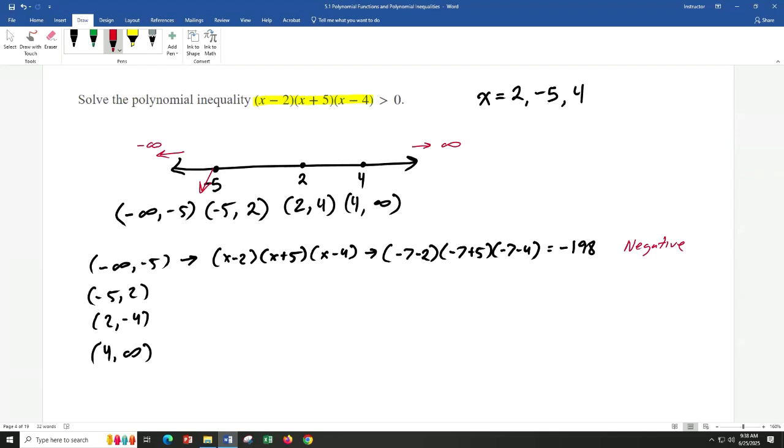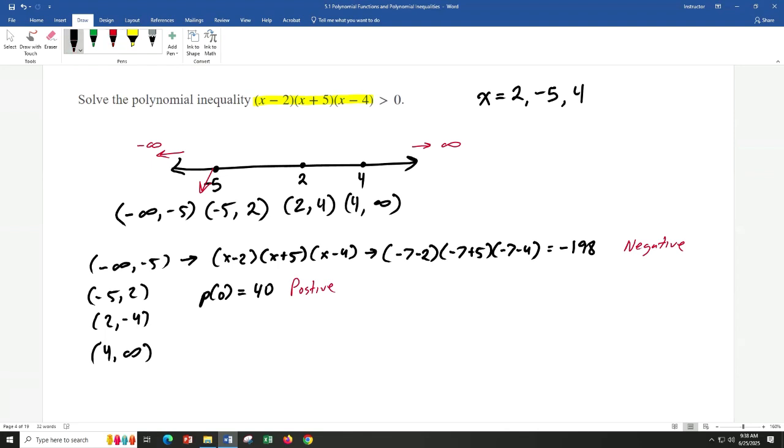Do it again. I'm not going to do these over and over again. You can see the math behind this. In the next one, I pick 0. Okay? When I pick 0, let me just kind of come in here. When P is 0, I end up getting 40. Well, what's that guy? That's positive.